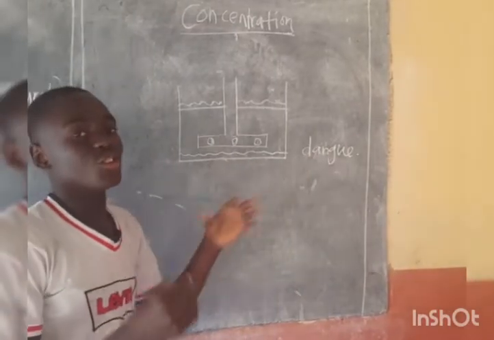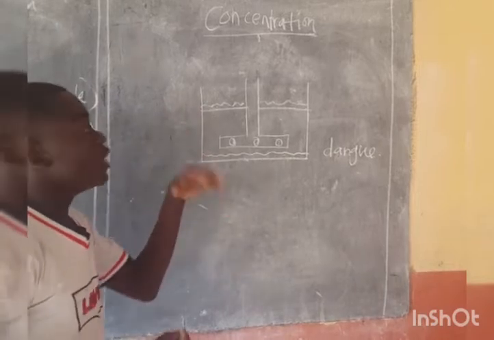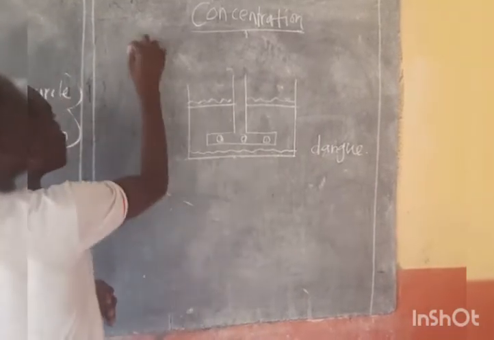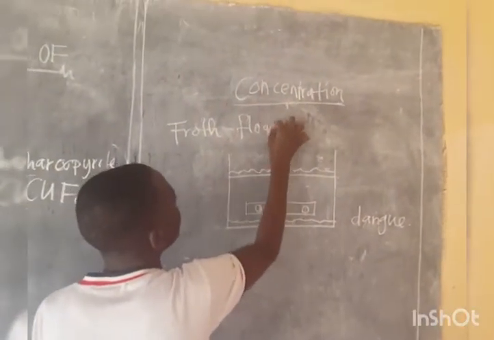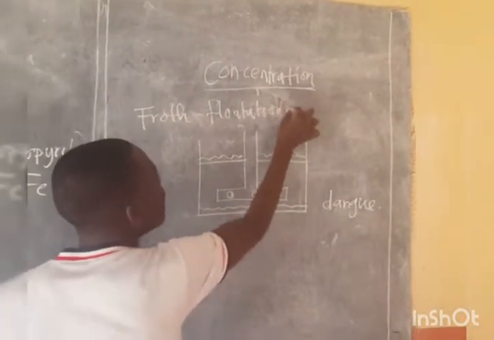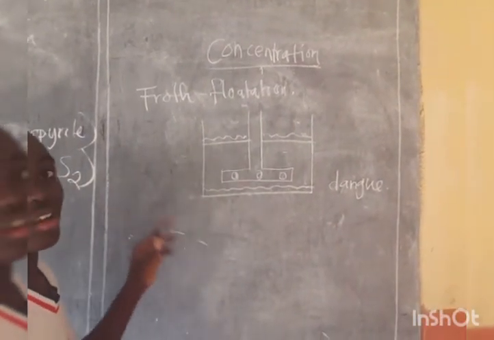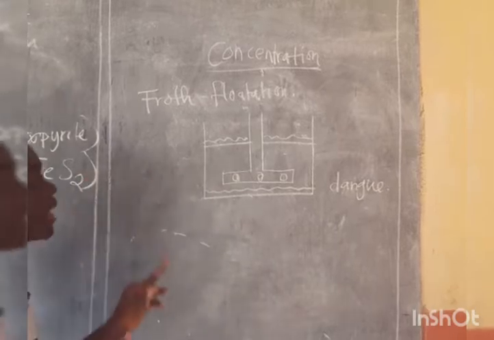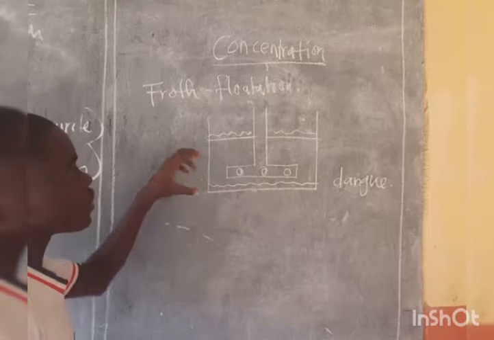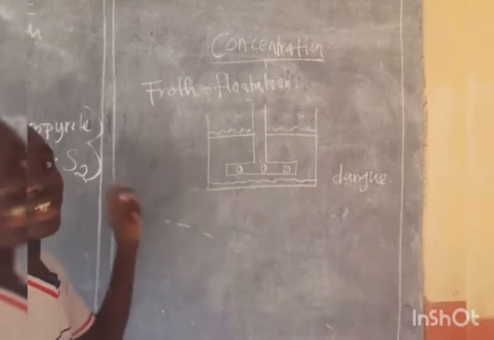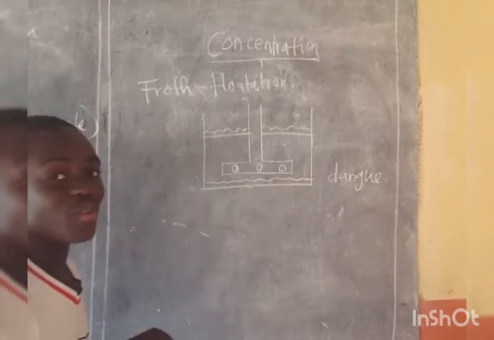This impurity has no use. When this copper pyrite is obtained on the top, this process is what we call flotation. The main purpose of flotation is to concentrate the ore, which is copper pyrite or chalcopyrite. When this ore is concentrated on the top, it is then collected. Those impurities called dung are later removed.